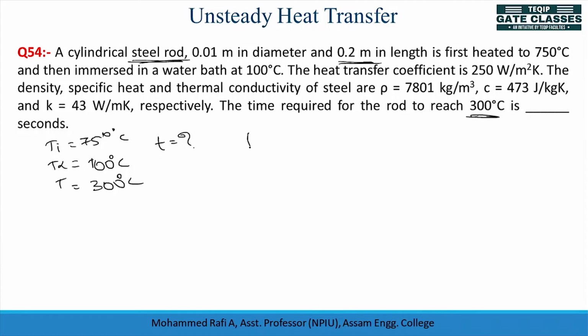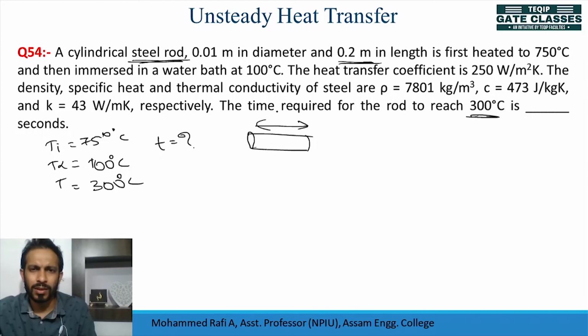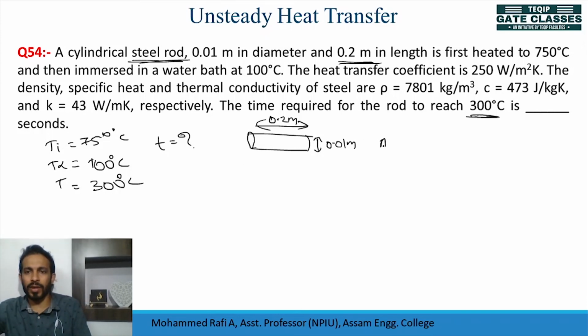Here you can see there is a cylinder having a length of 0.2 meter and diameter of 0.01. So what will be A by V? This is quite interesting. Here you have to consider the end face area also, otherwise you will not get the right answer.